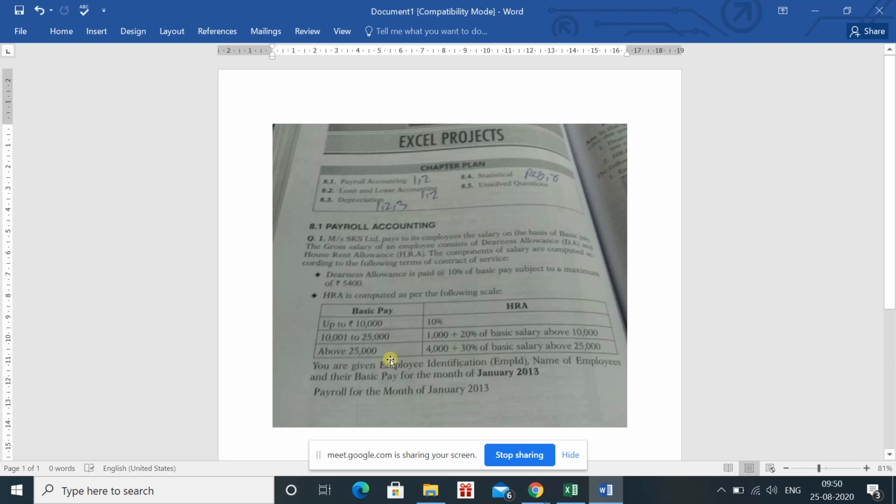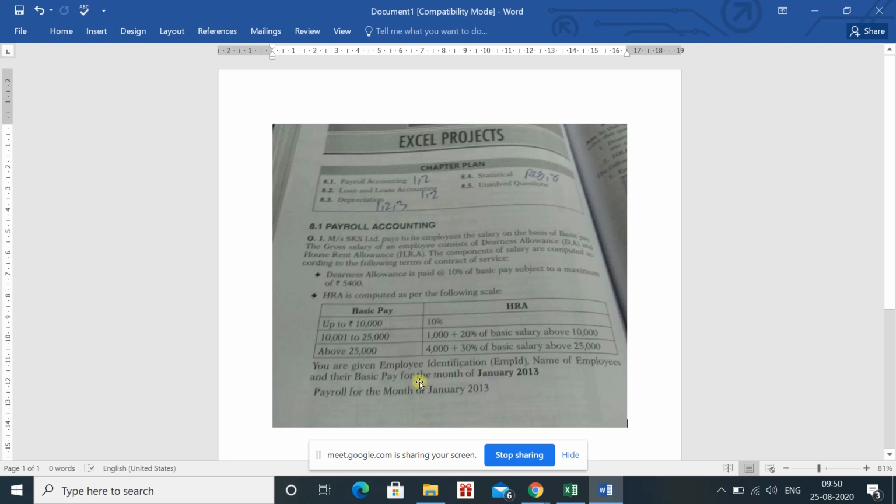Means if your salary is above 25,000, then 4,000 is a fixed amount plus 30% of the amount which is in excess of 25,000.